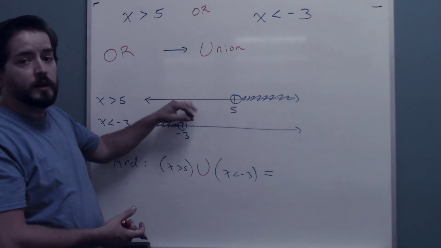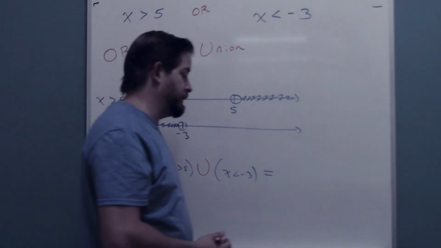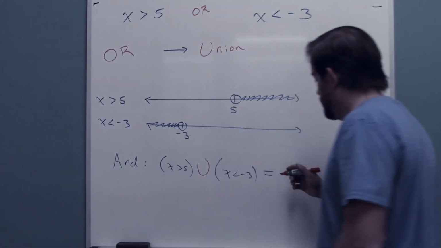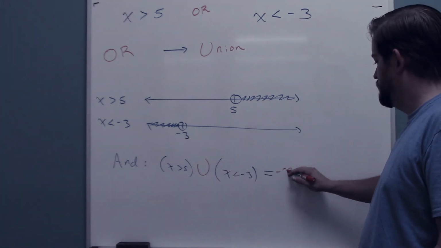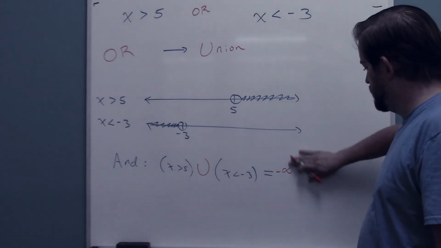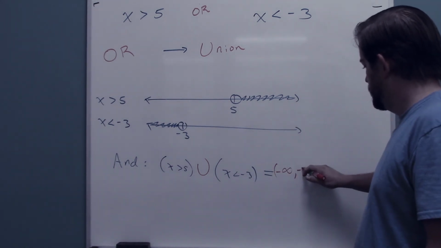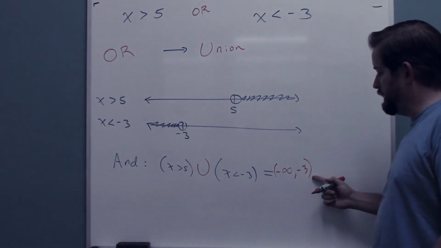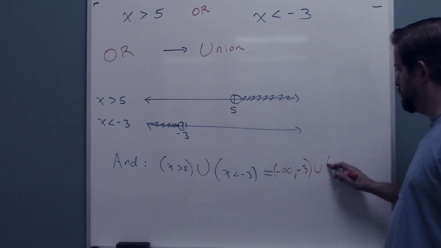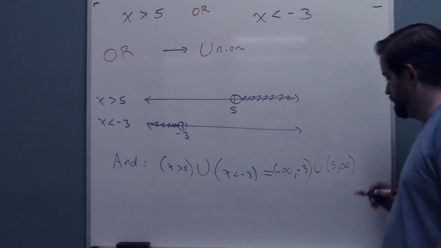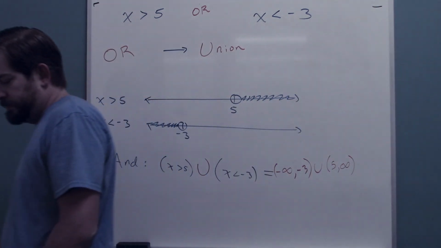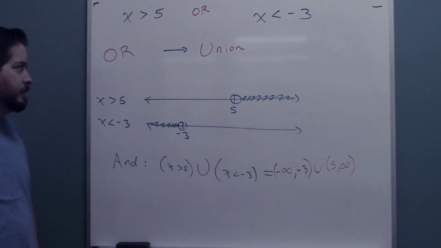And they're disjoint because there's a separation between the two, so I can write that simply as a union. That'll be all of the numbers between negative infinity up to negative 3, with a parenthesis on the negative 3, and then I just union that with 5 to infinity. And that's our or, meaning unions.